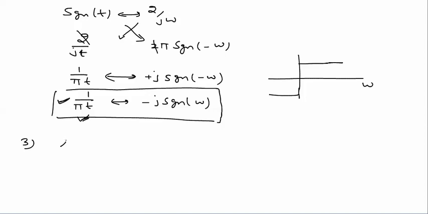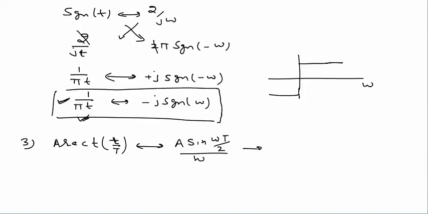Third case, the rectangular pulse. The Fourier transform of a rectangular pulse is sine omega T by 2 upon omega.